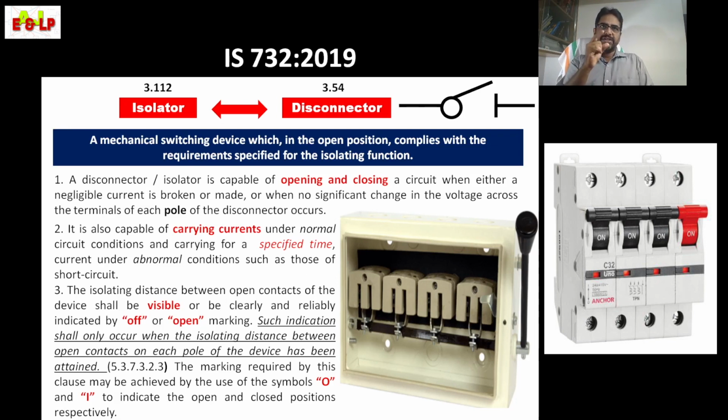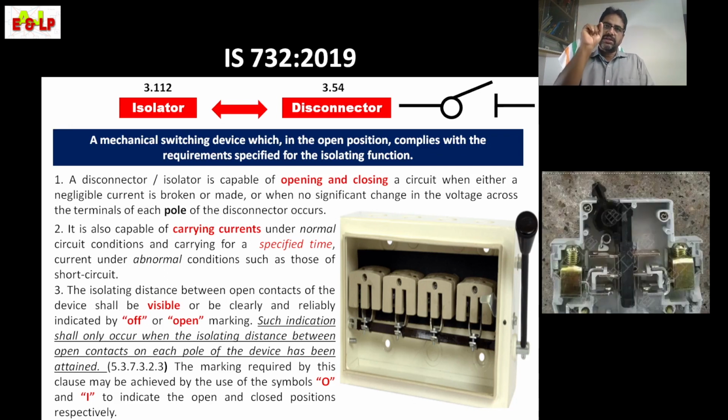The meaning is, inside that device, that mechanical portion is a single piece, moving as a single piece. So if it is showing off, it is certainly off. Means we are getting the guarantee that the circuit is off.